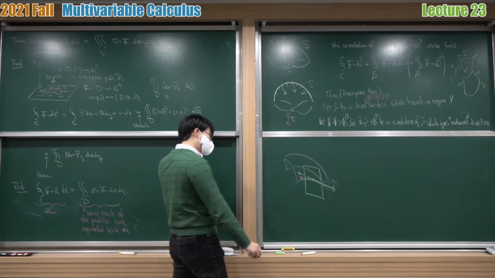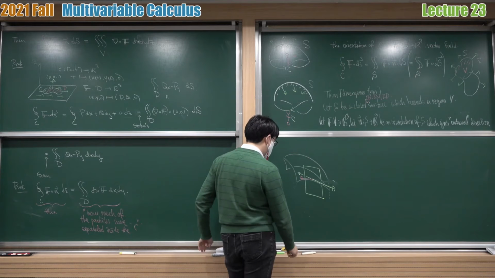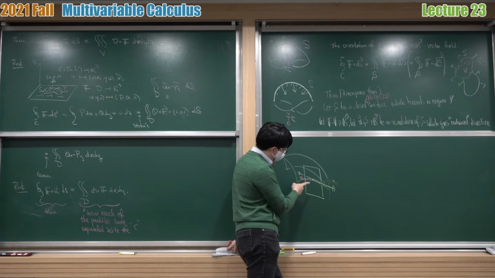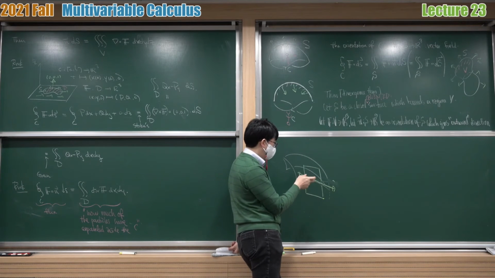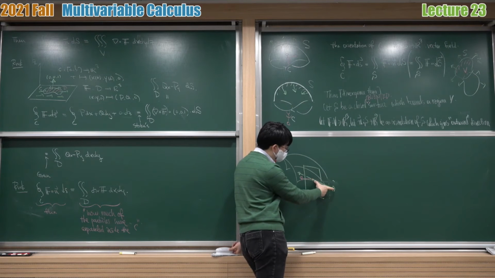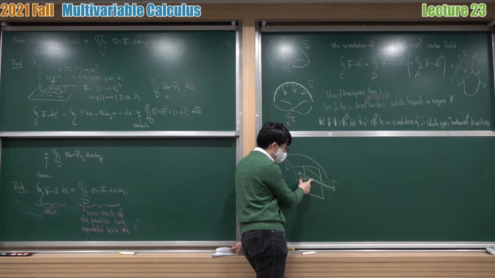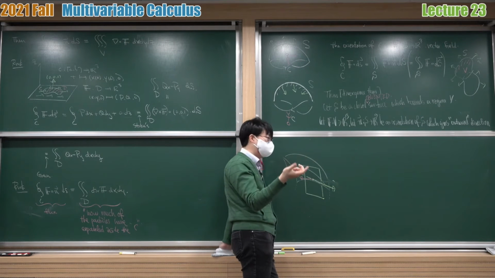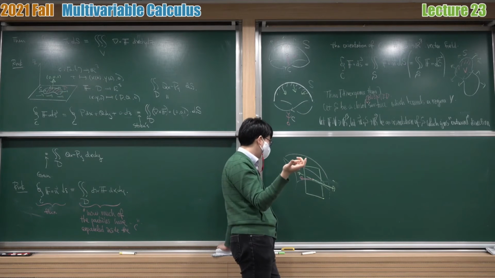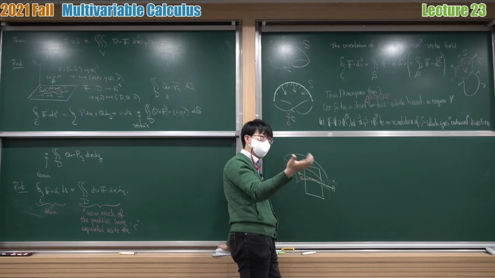So choose your orientation. Let's say I pick my orientation to be this one, and I'm moving in this direction. Then this is a good time to use the right hand rule.